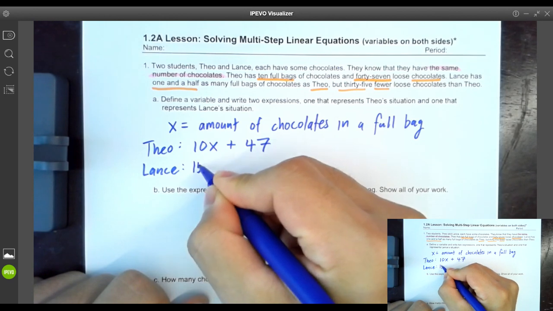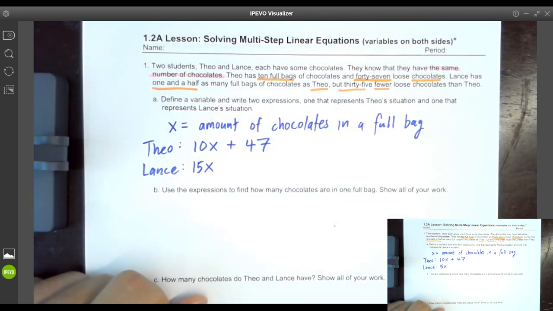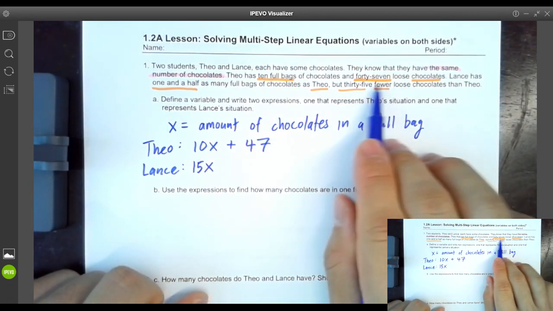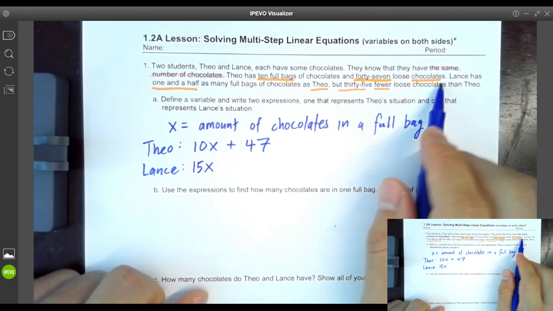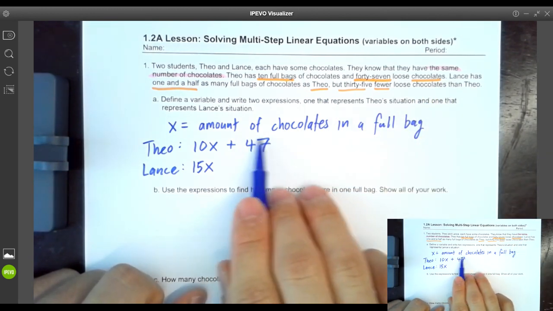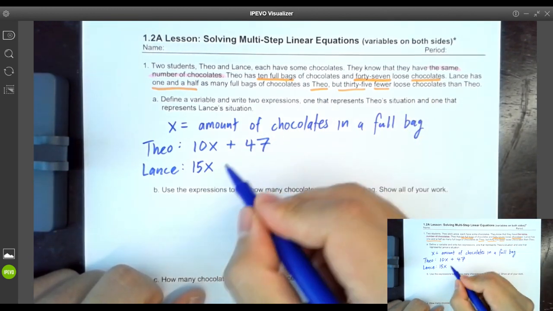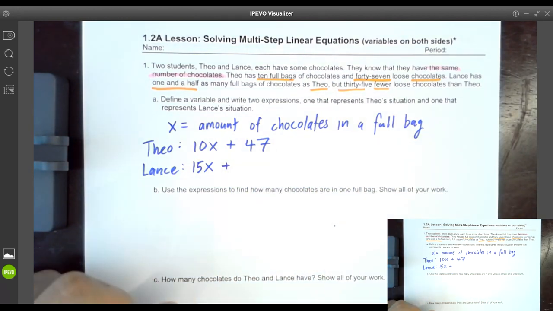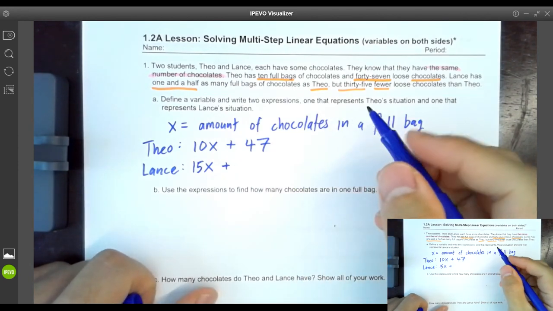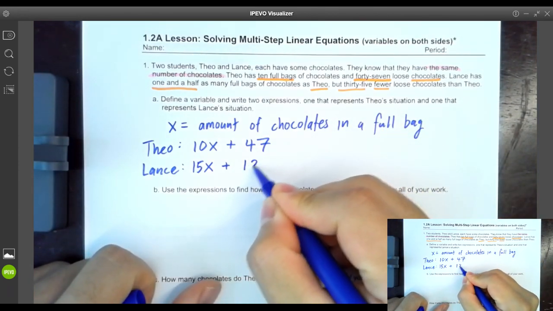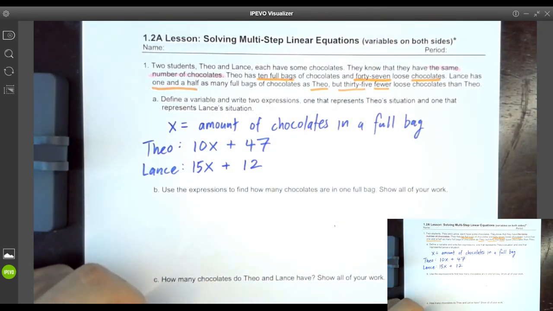Right? 15x is what you should have realized. 35 fewer loose chocolates. So it's kind of like 35 fewer than 47 loose chocolates. Well, then again, what's 47 minus 35? I hope you're able to calculate that to be 12, right?